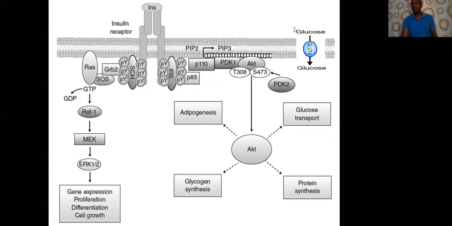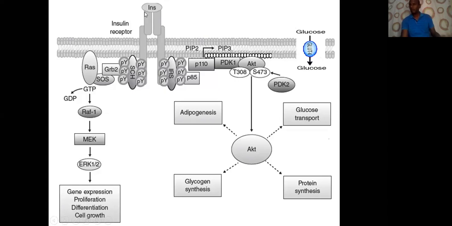This function will not happen. Transportation of glucose will not happen. So why will it not happen? Maybe sufficient insulin is not there, or the number of insulin receptors is less.